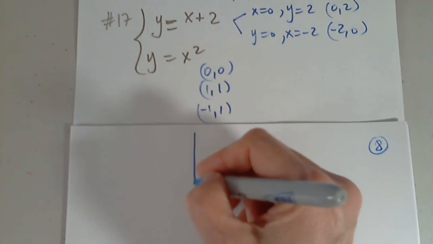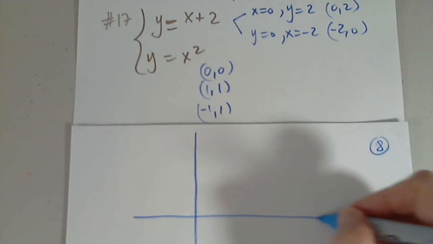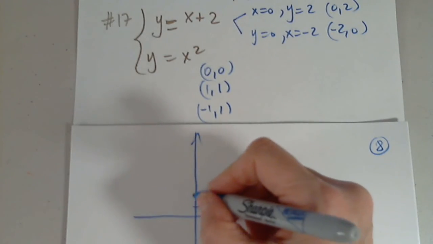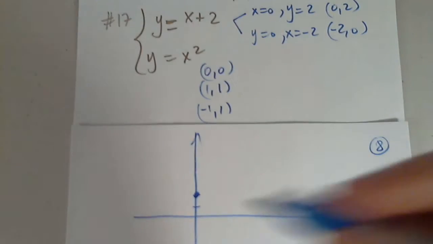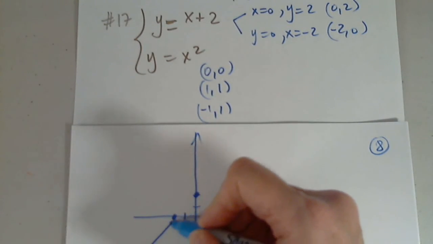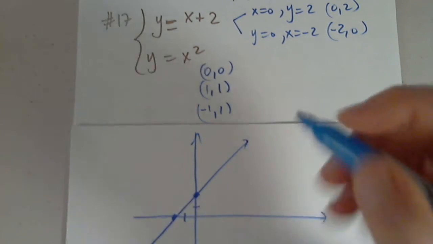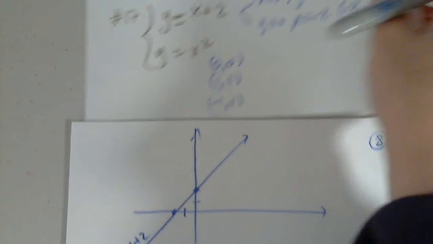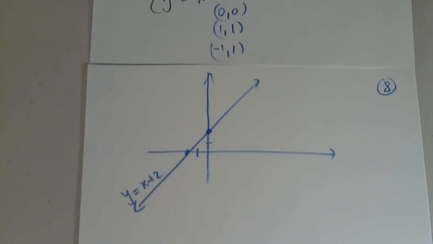Okay, so let's graph. 0, 2, and -2, 0 is our first function, the line. So this is y equals x plus 2. Now I will graph y equals x squared.